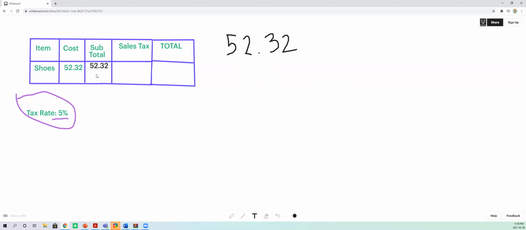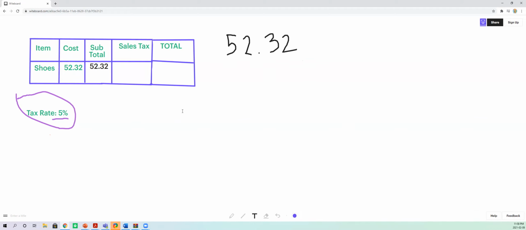52.32. Okay. If it said, in another column here, number of pairs of shoes: 2, then we would want to know how much that would cost in total. So I'm just going to give you an example of this. So let's say this gentleman actually bought 2 pairs of shoes.